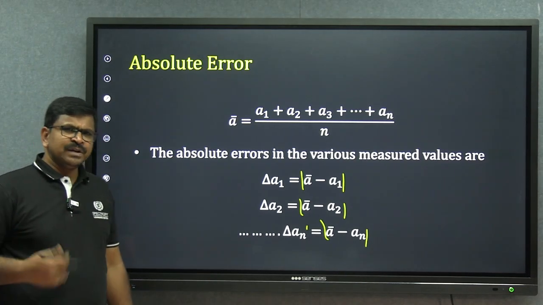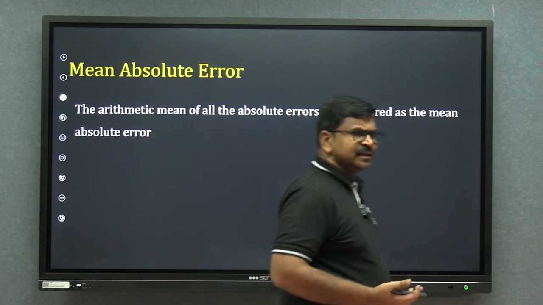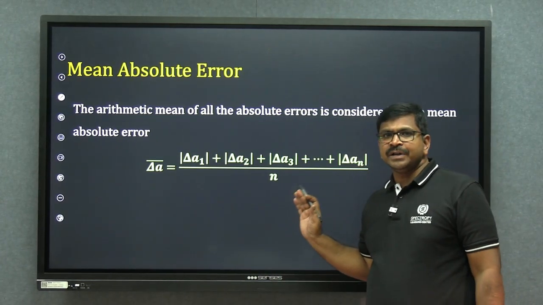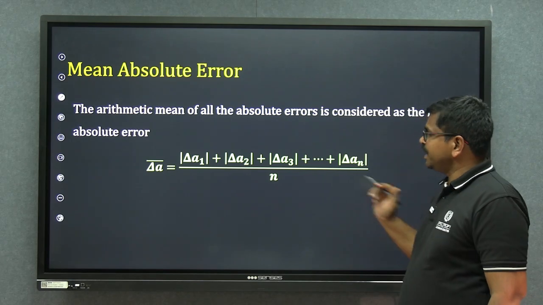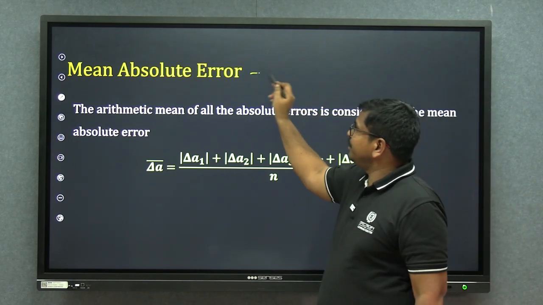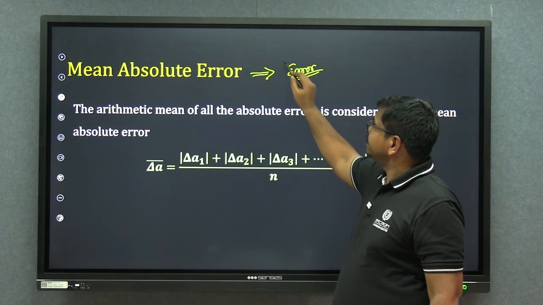Suppose you have more than one observation, let us say 2 or 3 or 4 or 5 observations. To understand the effective error, we must take the average of the absolute errors, and that is named the mean absolute error. Always this mean absolute error only will be considered as the error in general language, that is, absolute error.